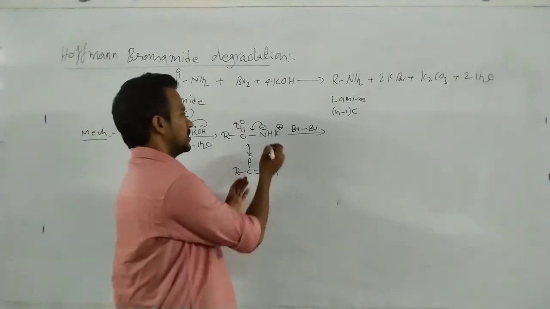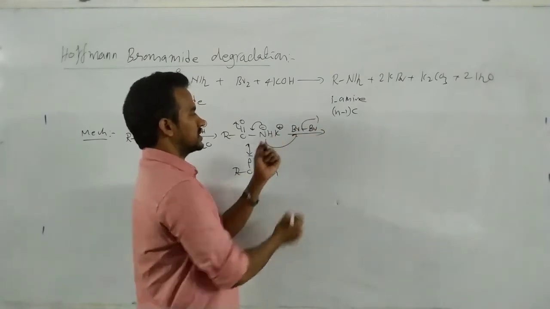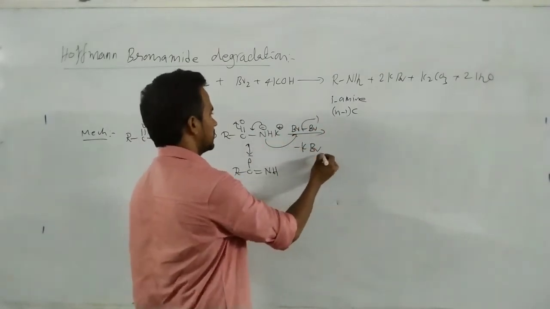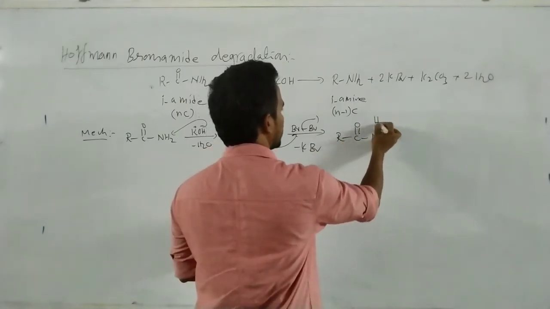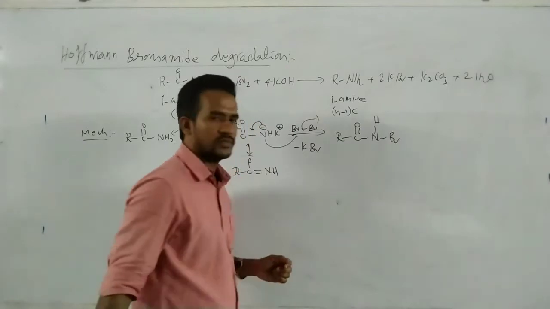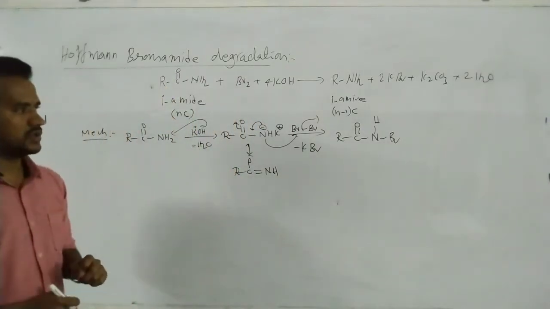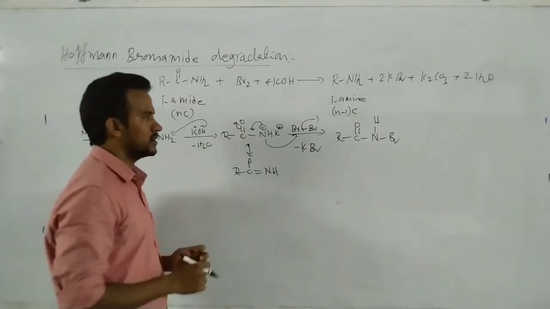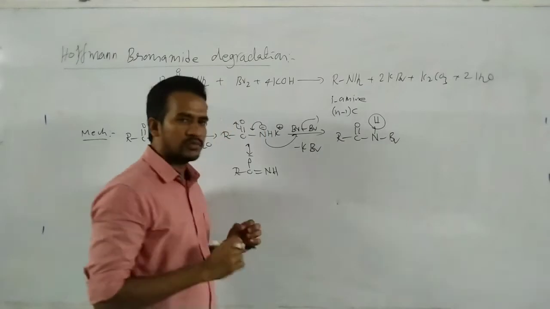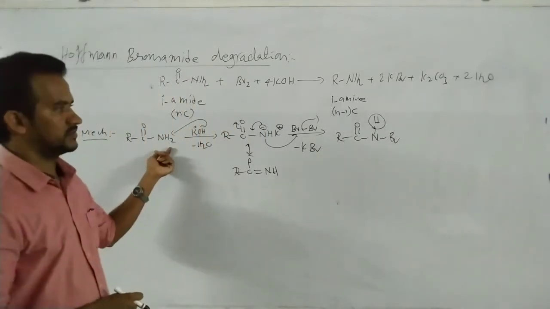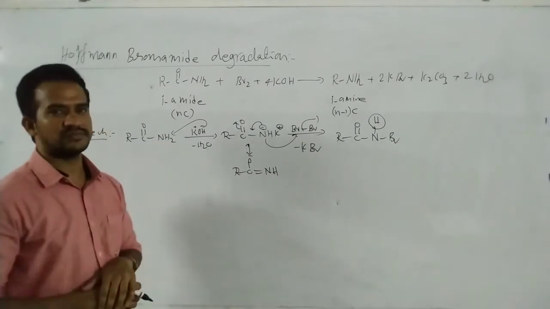Now this NH minus attacks the Br plus, with loss of KBr, giving RC double bond O NH Br. One hydrogen is replaced by Br plus. Now this hydrogen is far more acidic than the other hydrogen.